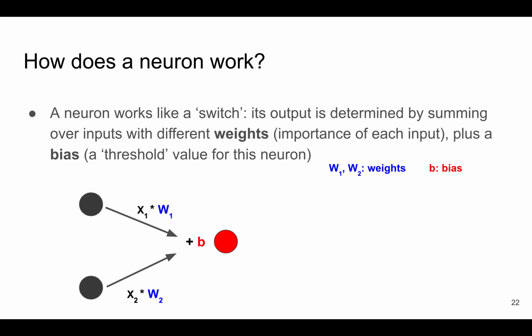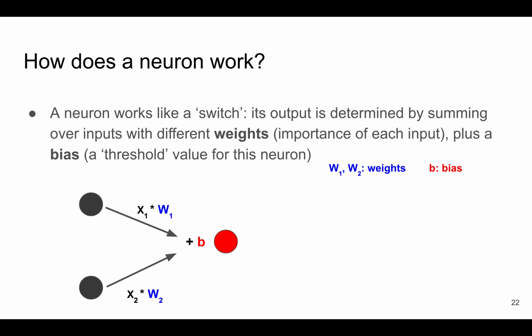Let's first discuss how a neuron works. A neuron works like a switch. In the sketch below, the red neuron takes the input from the two neurons in the previous layer and sums over the inputs x1 and x2 with different weights w1 and w2, which reflect the importance of each input.